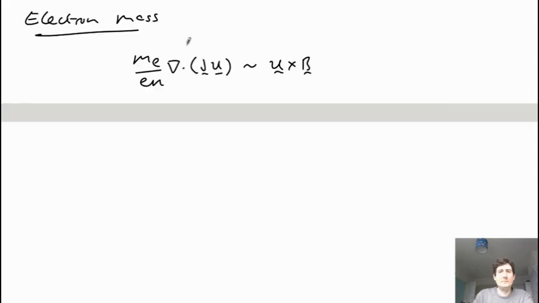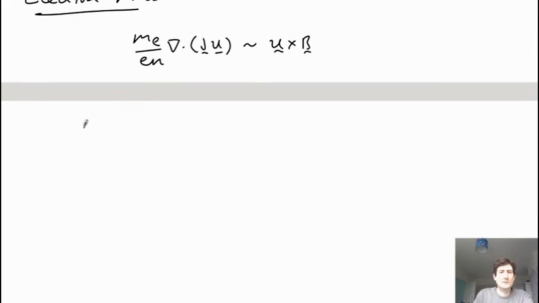And so again, the same thing applies. Here J becomes B over mu naught L, and we have another factor of 1 over L from this gradient. On this side we have a UB, which cancels with this UB here, and so we have an L squared.